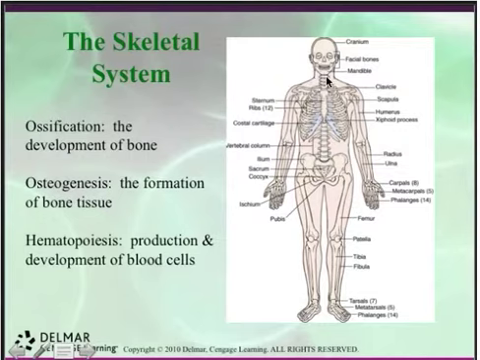Below the skull, we have the vertebral column made up of vertebrae. There are three divisions in the vertebral column: the cervical, the thoracic, and the lumbar division. 7 vertebrae in the cervical division, 12 in the thoracic, and 5 in the lumbar.